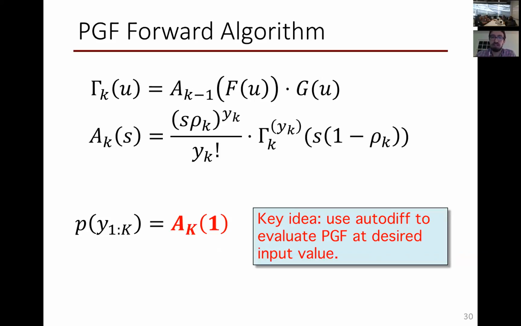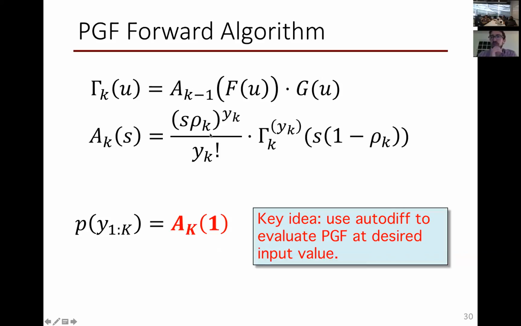And this is true, actually, if you step back through the recurrence. Each of these generating functions, we only need to know their value at 1 point. So we're going to need to know alpha k at 1. We'll need to know gamma k. You need to know the yk derivative of gamma k at 1 times 1 minus rho k. We'll need to know this at f of 1 times 1 minus rho k.